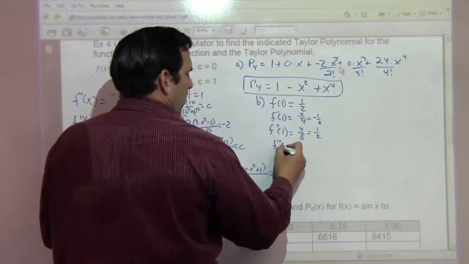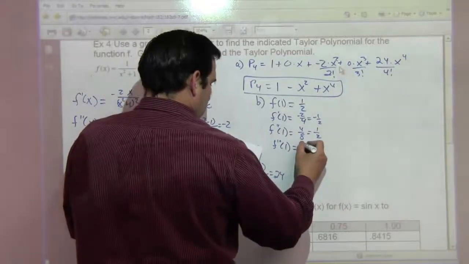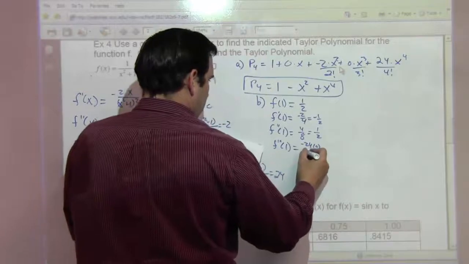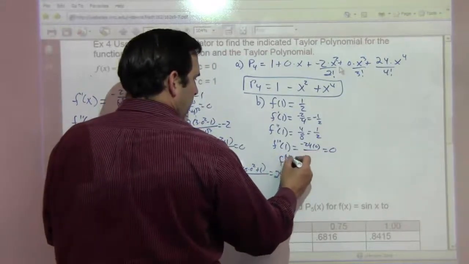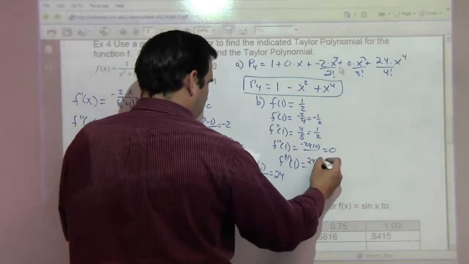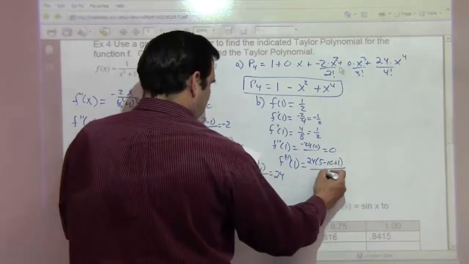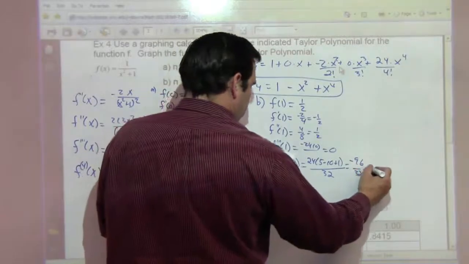F triple prime of 1 is going to be negative 24 times 0 over some stuff. That's just going to be 0. And the fourth derivative at 1 is going to be 24 times 5 minus 10 plus 1 over 32. That's negative 96 over 32, which is negative 3.